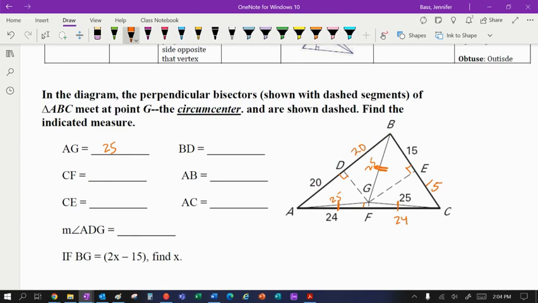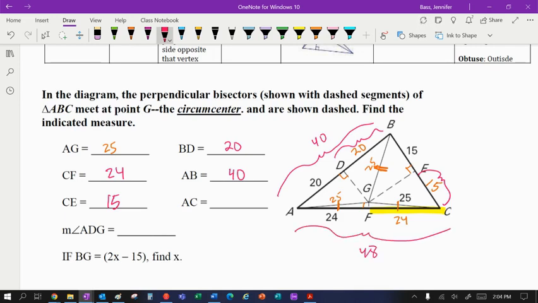So CF is this one here, that's going to be 24. CE, I already have labeled as 15. BD, I already have labeled as 20. AB is both halves together, which makes it 40. And AC is both halves together, which makes it 48.